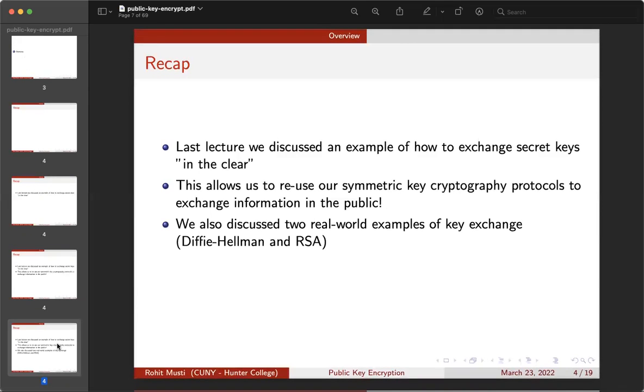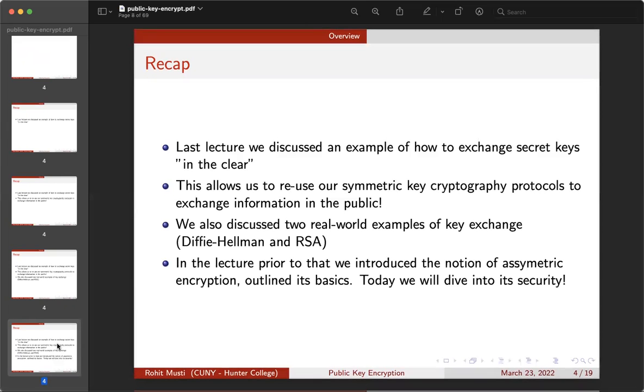We also discussed two real-world examples of key exchange in the Diffie-Hellman and RSA protocols. In the lecture prior to that, we introduced the notion of asymmetric encryption and outlined its basics, and today we're going to dive into its deeper mechanisms and some of its security.